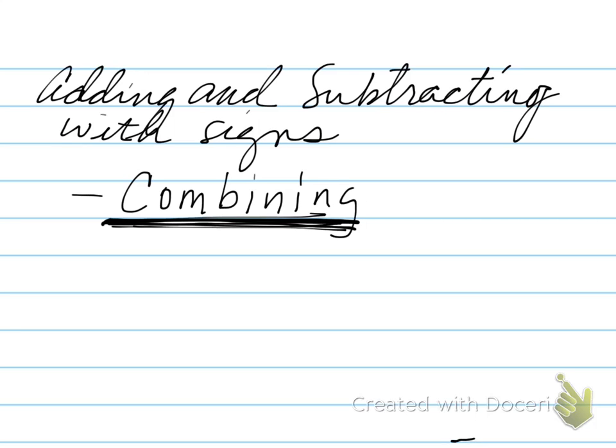Okay? Now, when you're combining, there are still just two sentences, and they look very similar to the sentences that we used when we were multiplying and dividing. That's a bad thing for most people. Because since the rules for multiplying and dividing are so easy, everybody wants to use the easy rules. Well, you can't. You must not interchange these.